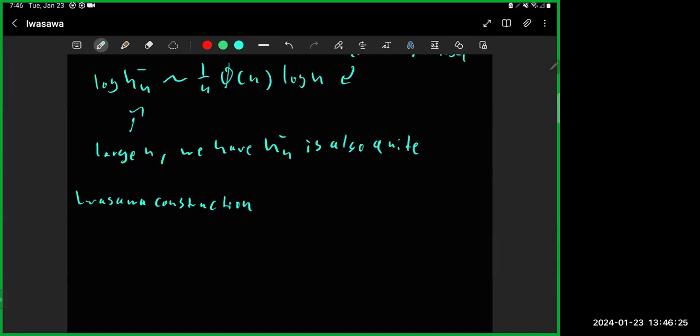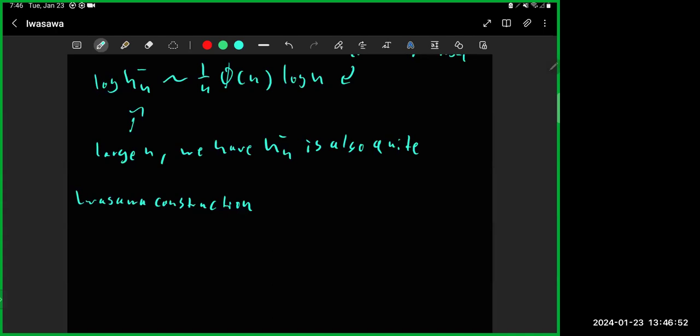So what exactly is the Iwasawa construction? Well, to get into it is not going to be at all trivial, but let's at least try. So here's essentially the shortened version of things.